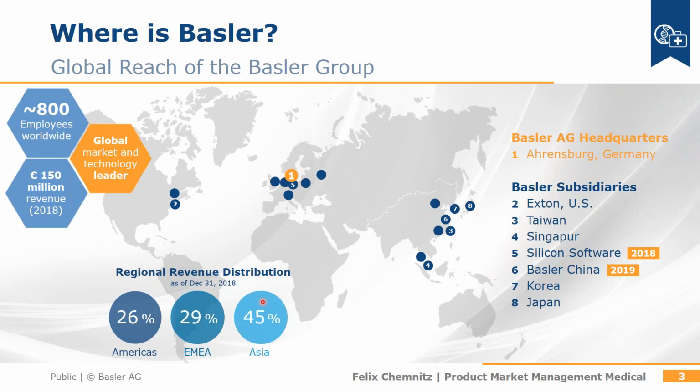We did this because we make 45% of our revenue directly in Asia, 29% in EMEA, and 26% in the US. What I also wanted to mention is that we bought a company called Silicon Software in 2018. This will become interesting while I'm talking, because this company produces frame grabbers as well as software for these frame grabbers, which makes it available for the neural networks itself.